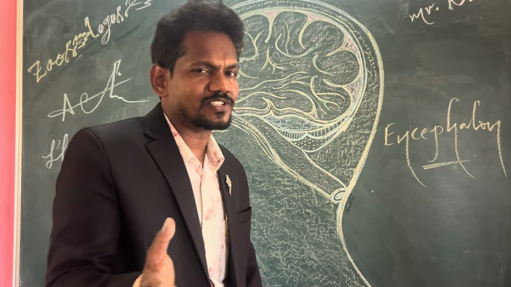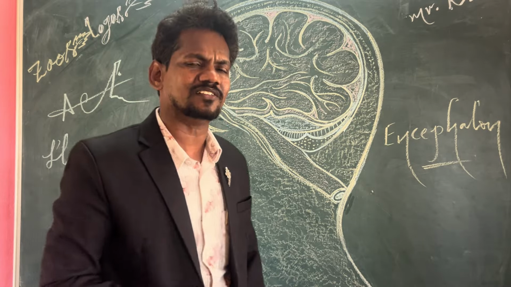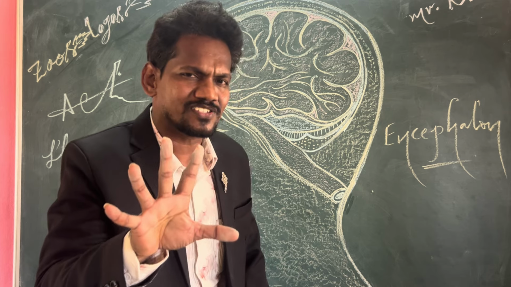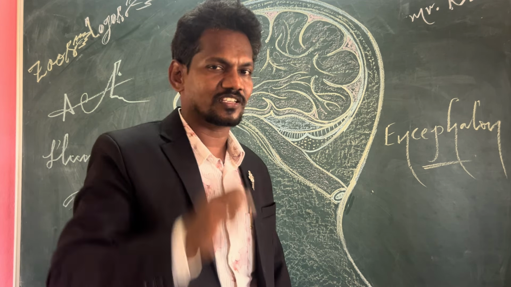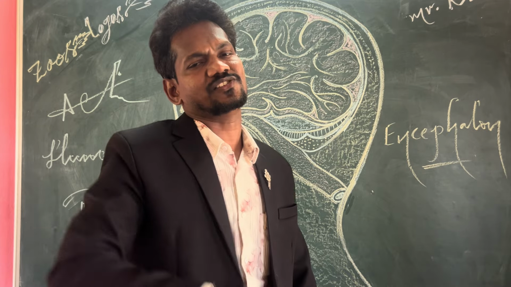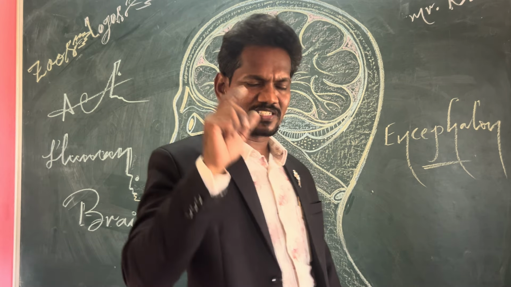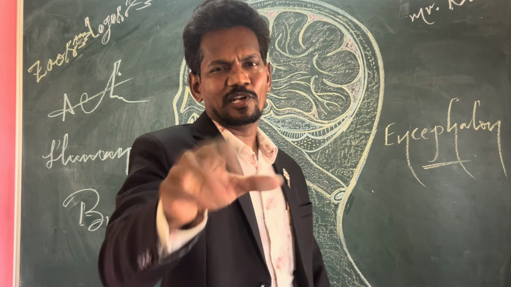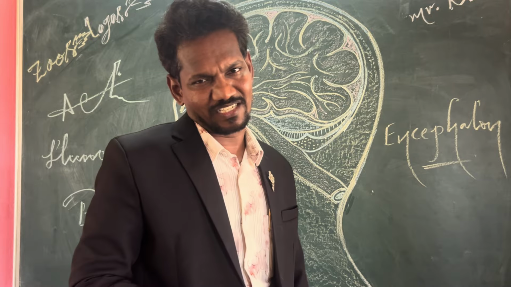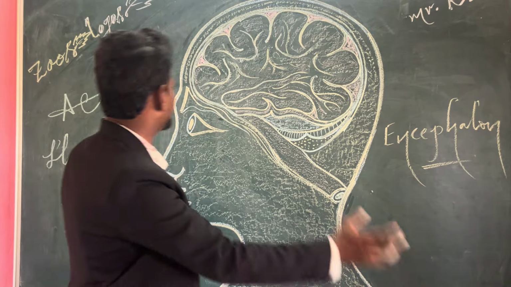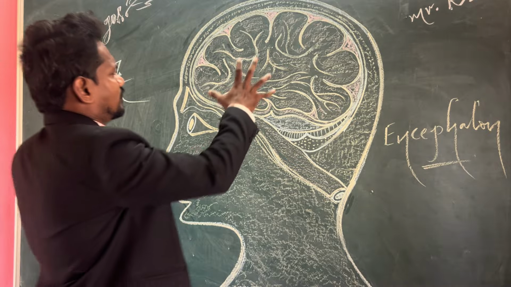The remaining 95% was not yet used. You can imagine, with 5% brain usage, he became the foremost famous scientist. Then what about us? How much percent of brain are we using? Please comment below in the comment box. How much percent of brain are you using? Remember.